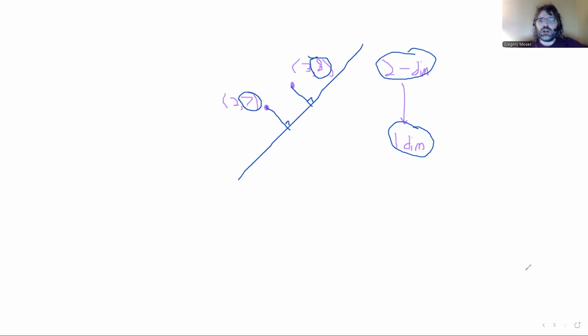And something we notice is that if we have these 2 points, for example, and we project them onto this line, these projections are close together.